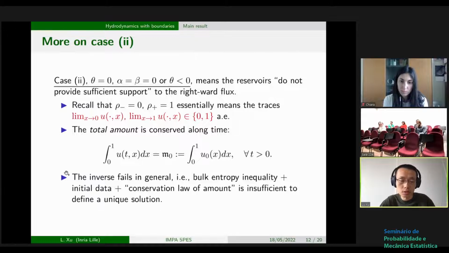But the answer is that the converse in general fails, which means that the bulk entropy inequality plus the initial data plus this conservation law of amount is not enough to define a unique entropy solution. So we really need the boundary condition to make the solution well defined. Just the conservation law is not enough. This is a remark.